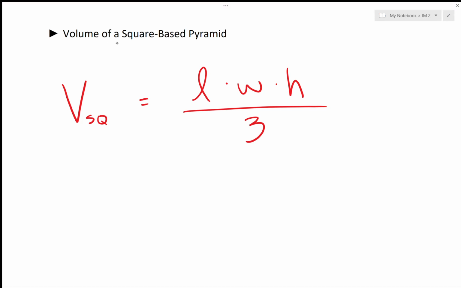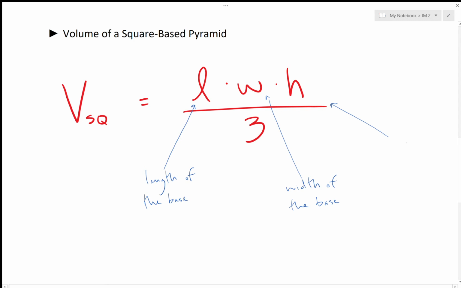When we're talking about length and width, they're talking about the base. L is the length of the base, W is the width of the base. If we just multiplied length and width, that would give us the area, but then we need to give it some dimension there of height. So there you go, the volume of a square-based pyramid.